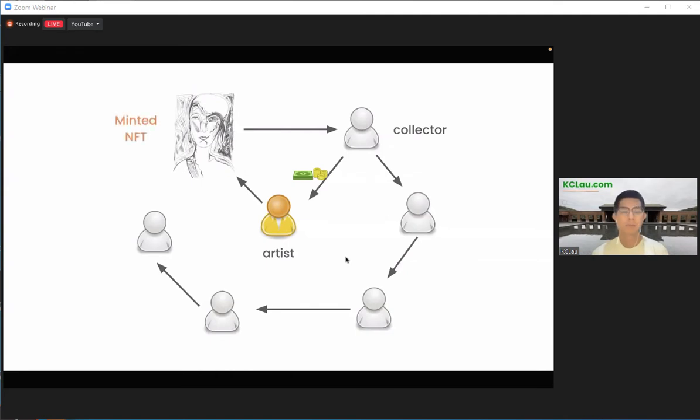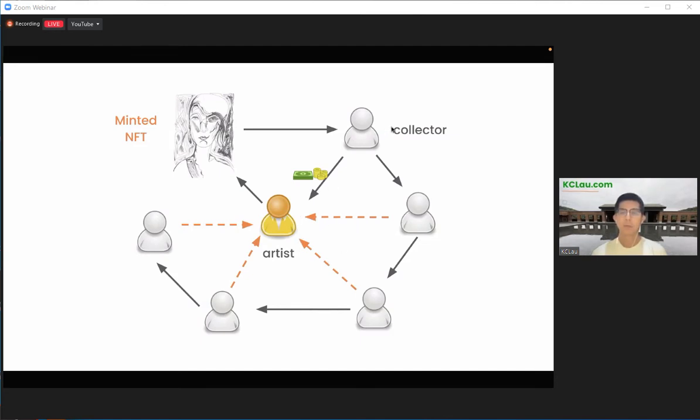So when NFT comes, the artist can mint the NFT, and you sell the NFT, the ownership, instead. When you sell that, they can put in a smart contract that whenever there is a transaction, the artist can get a cut.